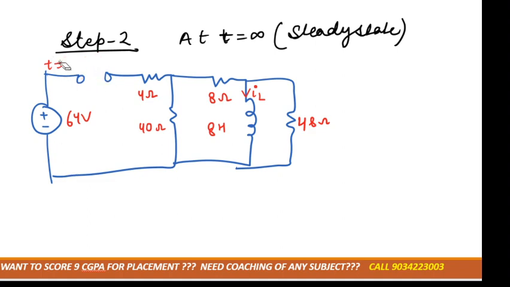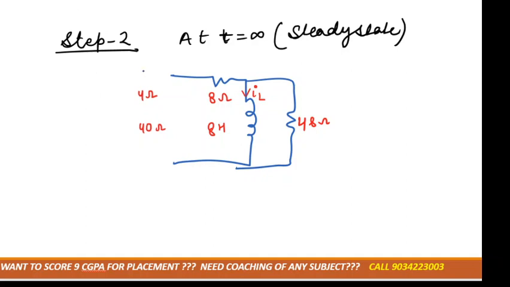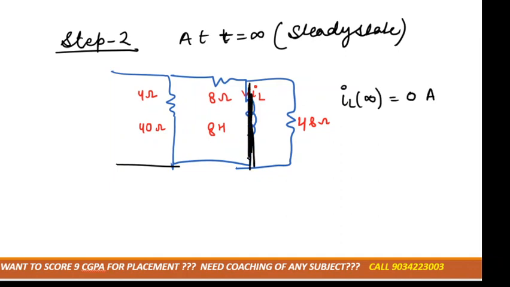If this is open circuit, then there is no source over here. So if there is no source, then the current across inductor would always be 0. So we can simply write IL(infinity) is equal to 0. Clear?